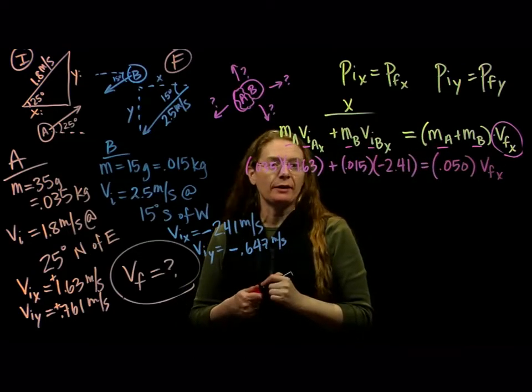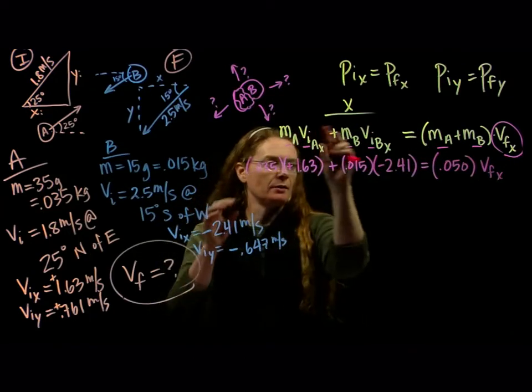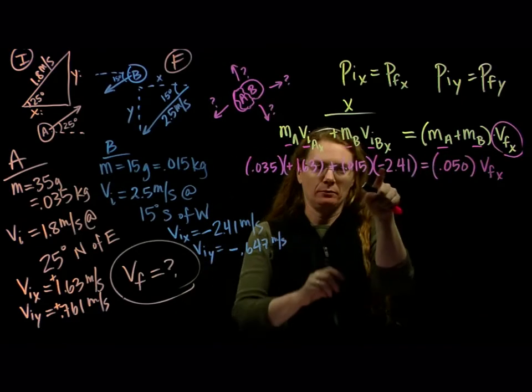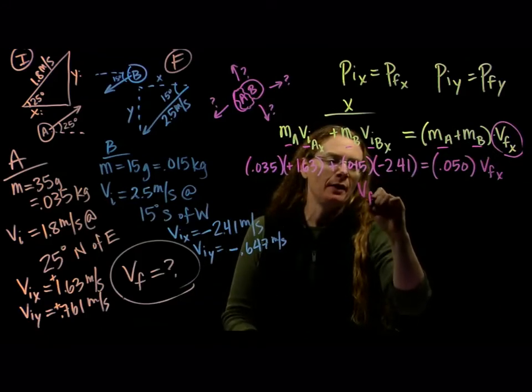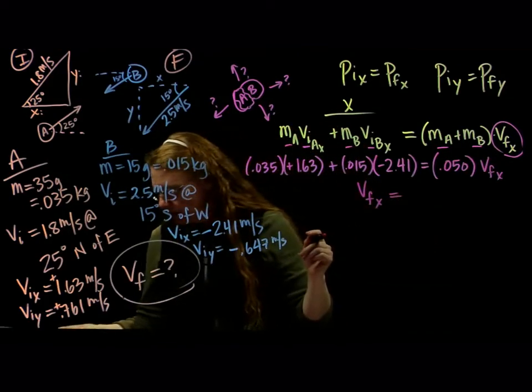We know everything but V final x. So multiply these, add them together, keeping in count that negative, divide by 0.05 to solve for V final x, and what do I get?